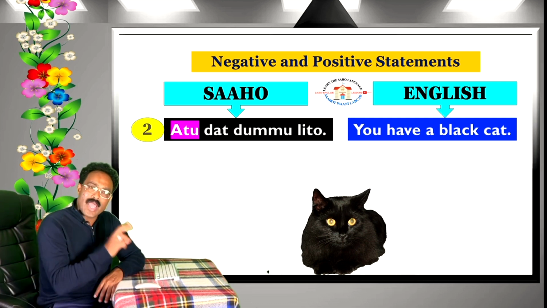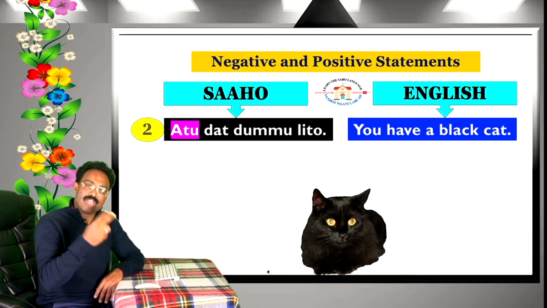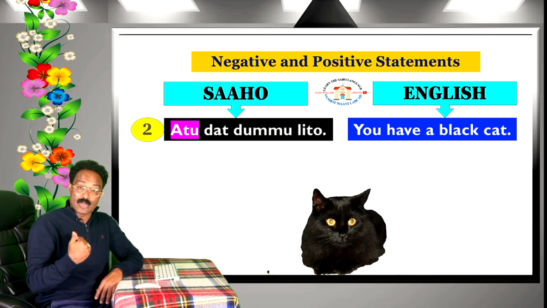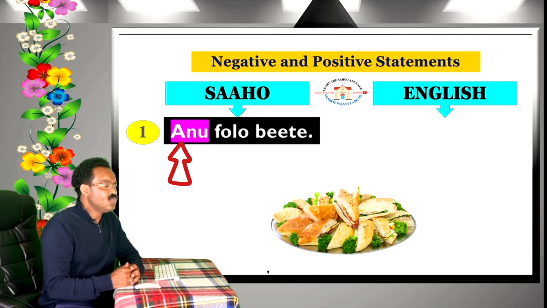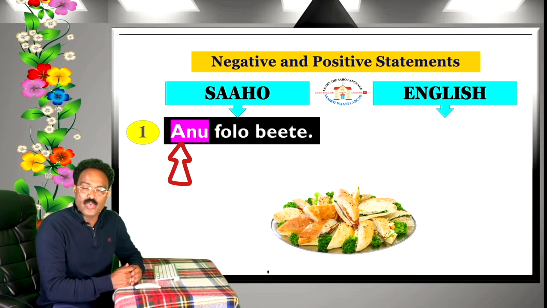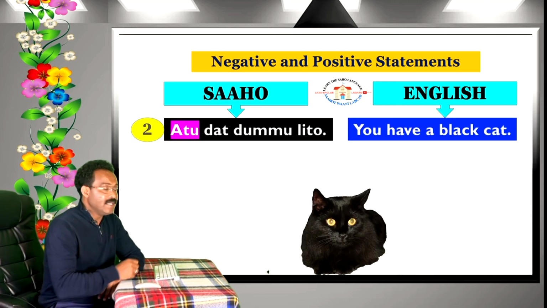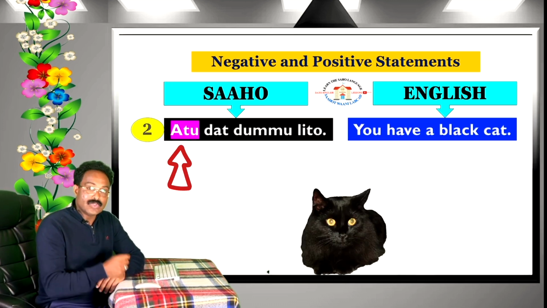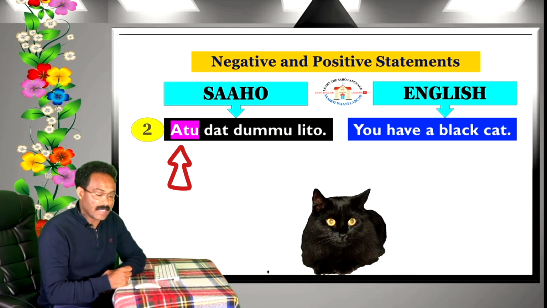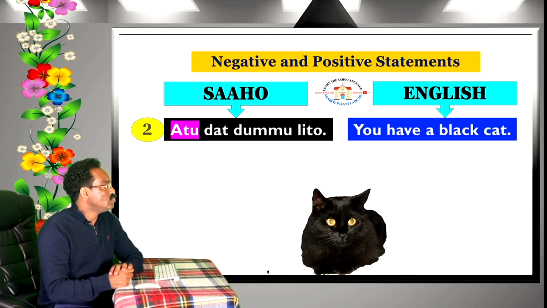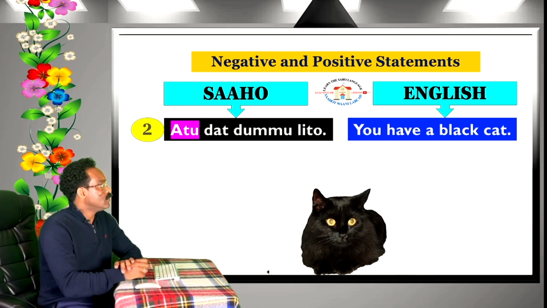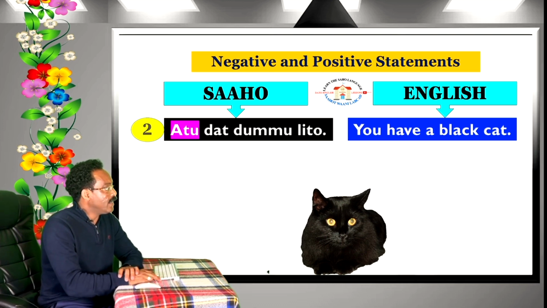Okay, also I am marking pronouns. Before we have seen number 1, anu, anu follow bete. In number 2, atu, that is second person singular, atu dat dummulito. You have a black cat.